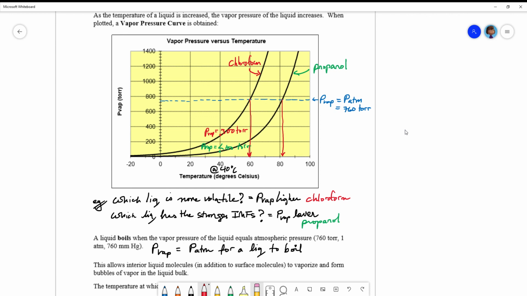We could call it maybe 82 degrees Celsius. So this over here would be the boiling point of chloroform. And let's color code it. I was color coding it green versus red, so let's keep with that. There we go. And this would represent the boiling point of the propanol.